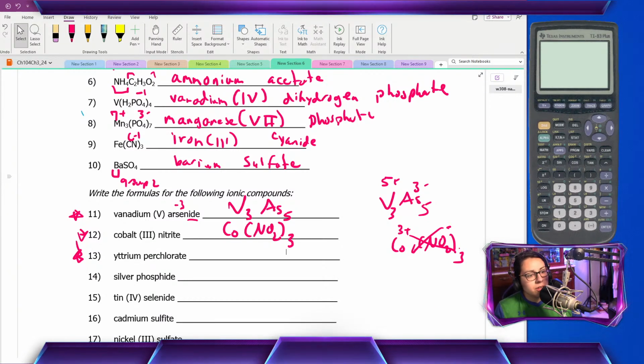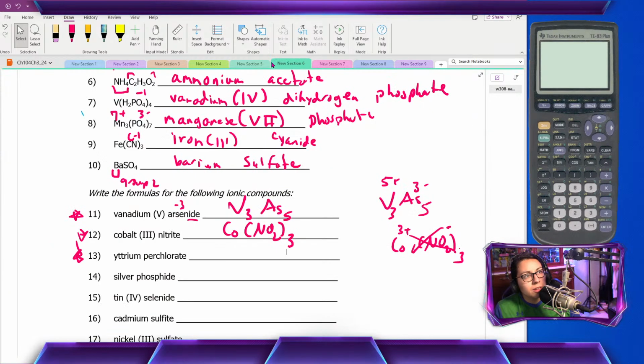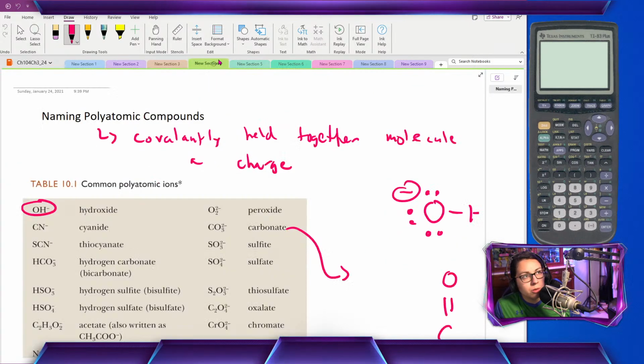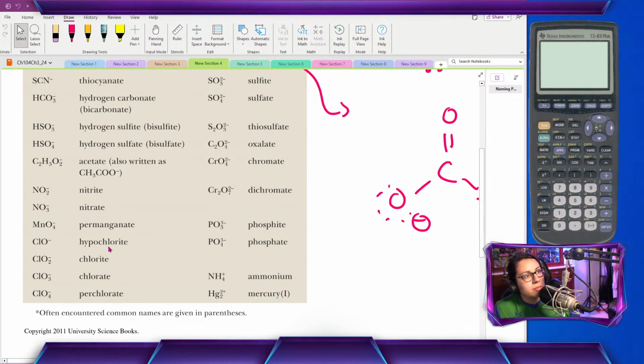Our next one is yttrium perchlorate. So yttrium was one of those ones that we said was always 3 plus. So we can write our Y here. Maybe we can write our scratch work. So now look at perchlorate. Where's our perchlorate?